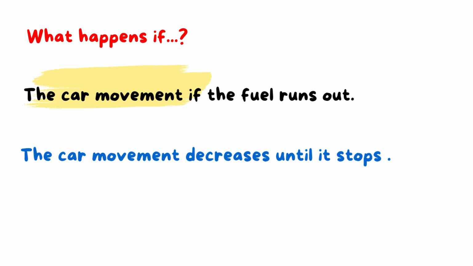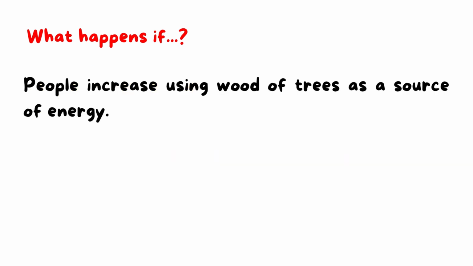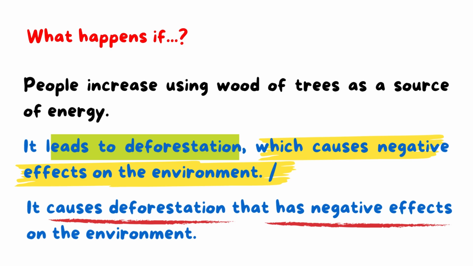Here we have another question. What happens if people increase using wood of trees as a source of energy? What will happen? Yes, it leads to deforestation, which causes negative effects on the environment.